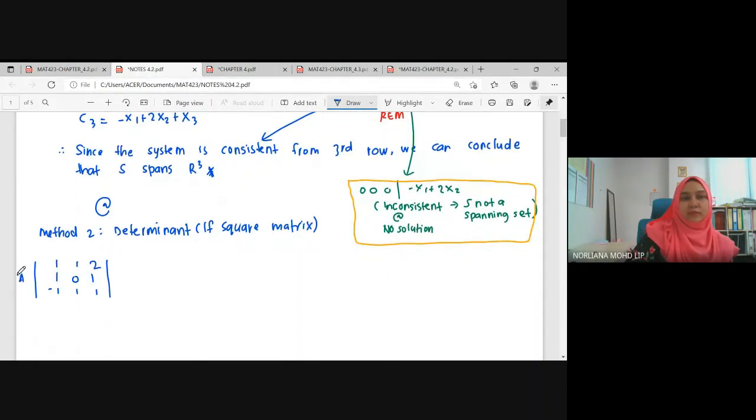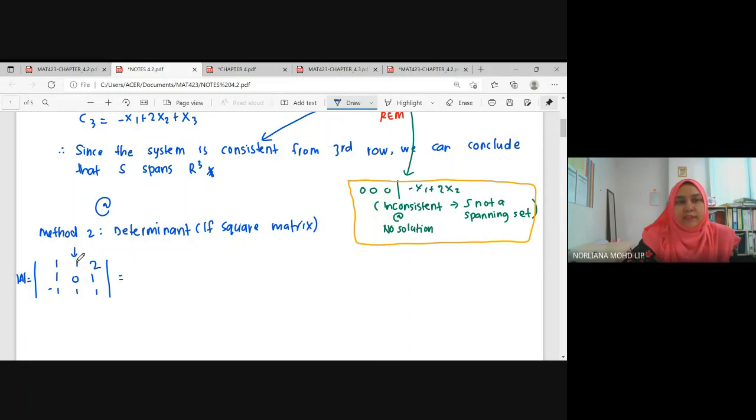Carilah determinant of A is equal to. Okay, ni boleh pilih mana-mana. So, kat sini better kita pilih column atau row yang ada zero entries kan. Okay, ni contoh saya pilih second row, second column.